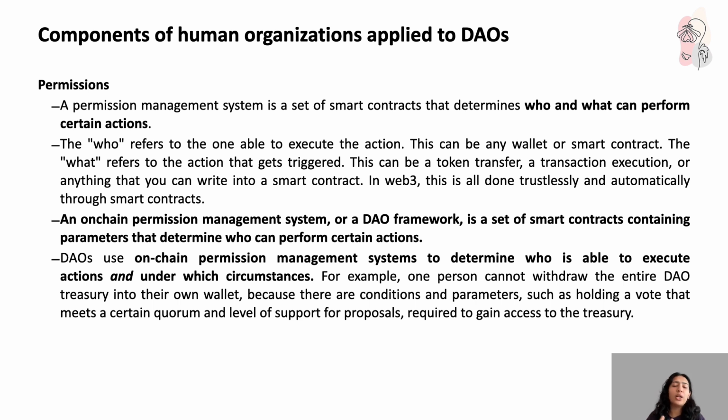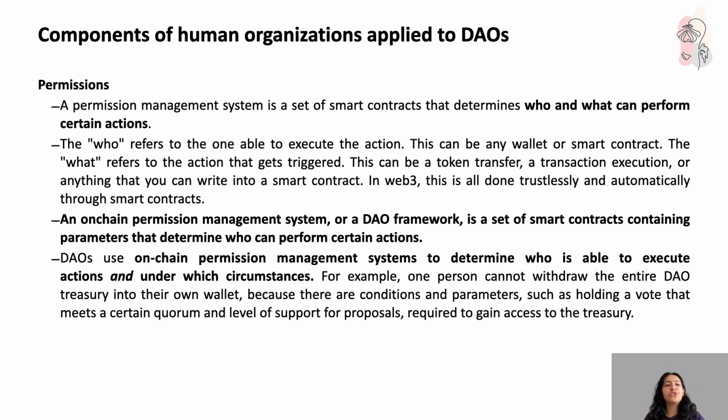This can be any wallet, any smart contract, and the what part refers to the action that gets triggered. This can be a token transfer, this could be a transaction execution, or anything that you can write into a smart contract. In Web3, this is all done trustlessly and automatically through smart contracts.